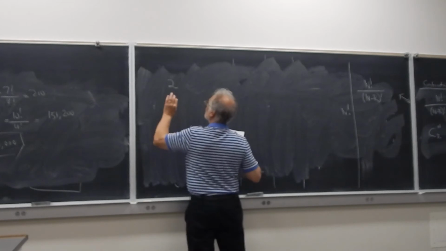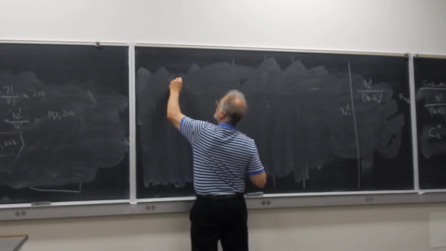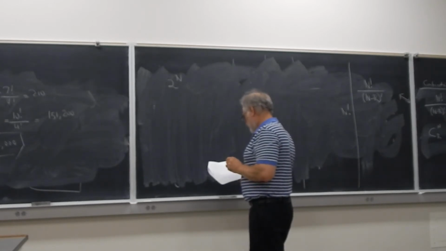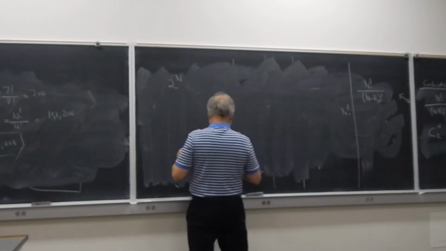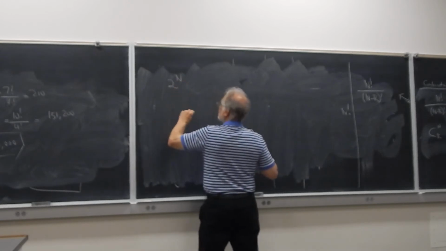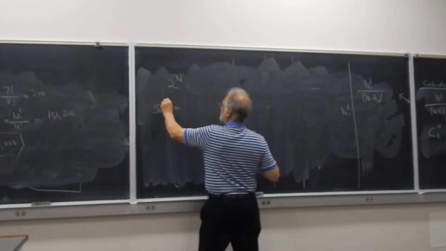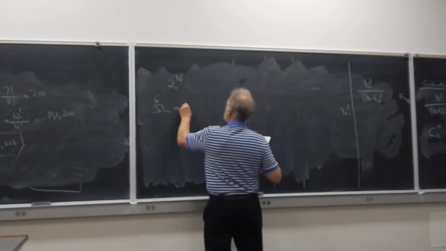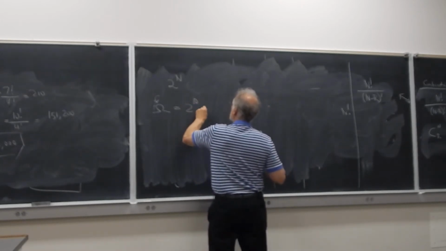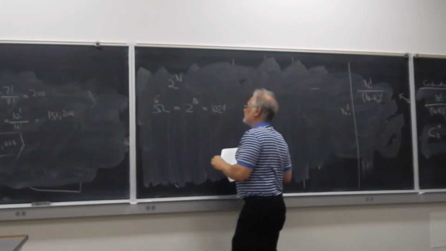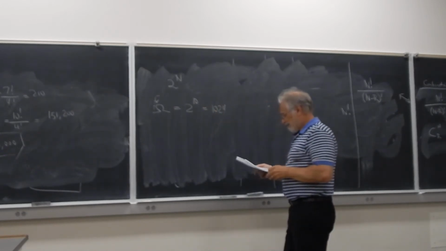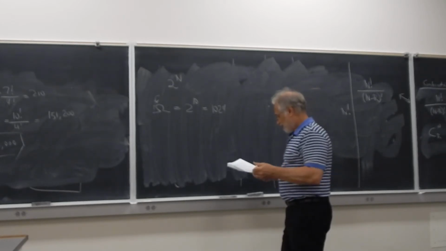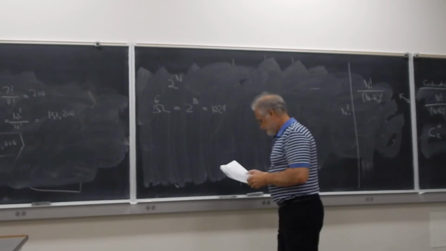And so the total number of microstates then, if I have n spins, is just 2 to the n. They can either spin up or spin down. So if I have 10 spins, for example, the total number of possibilities, I'll use omega to indicate the number of possibilities, is going to be 2 to the 10, or 1024 possible ways of configuring 10 spins that can either be spin up or spin down.